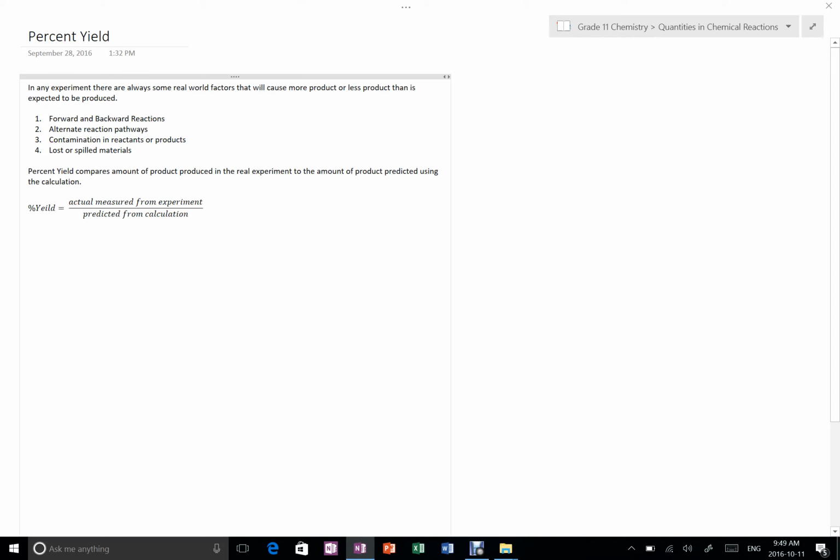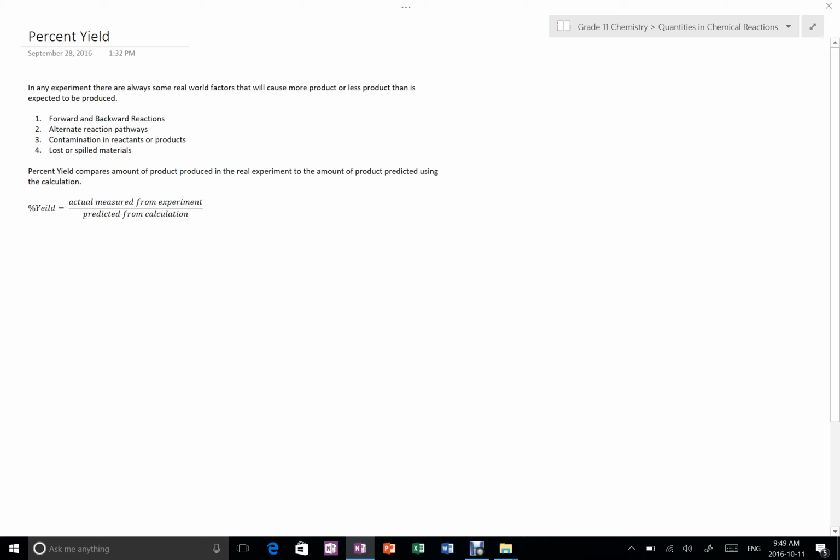Percent yield. In any experiment where we're producing something using a chemical reaction, we could end up with more product or less product than we expected that we would get. The comparison of the actual measured mass of a product to the mass predicted from calculation is called the percent yield.